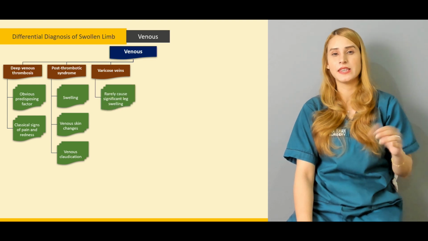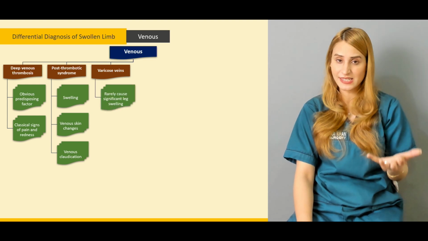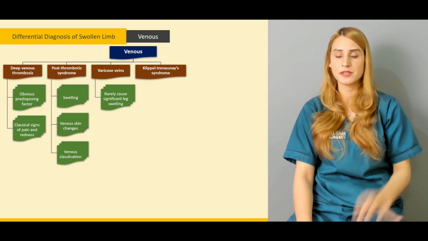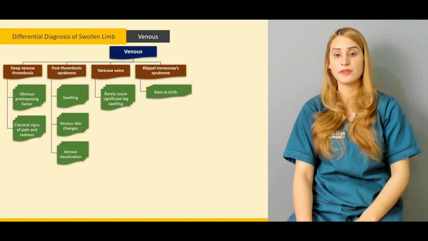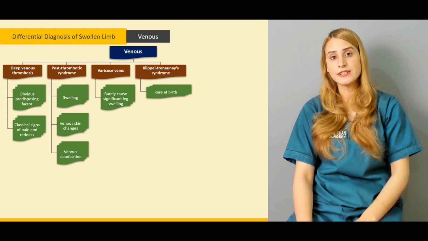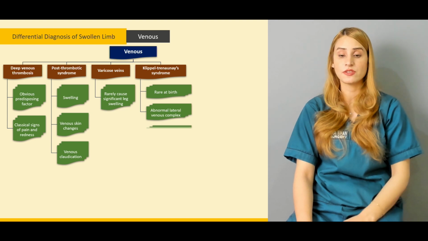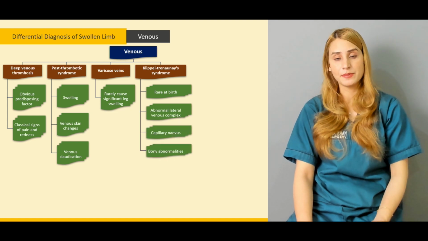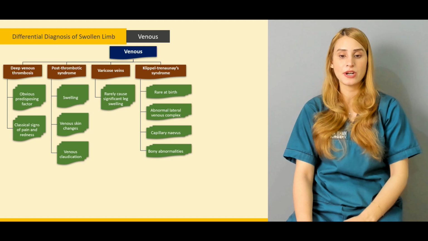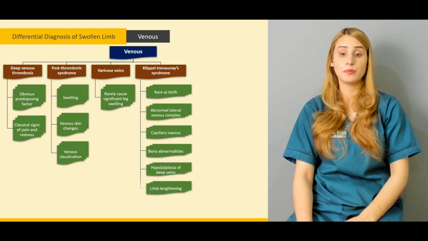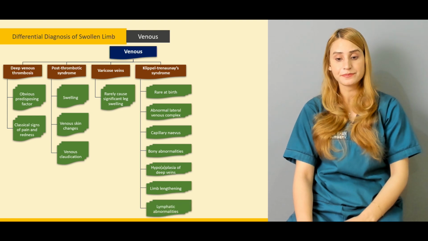Varicose veins are less significant when there is leg swelling, but you can perform some tests with a Doppler venous ultrasound. Klippel-Trenaunay syndrome is rare, present at birth, with an abnormal lateral venous complex. There can be capillary nevi, bony abnormalities, and hypoplasia of the veins.